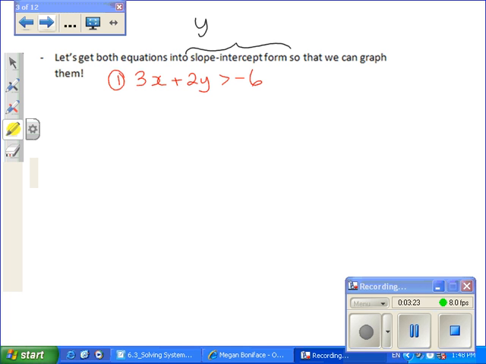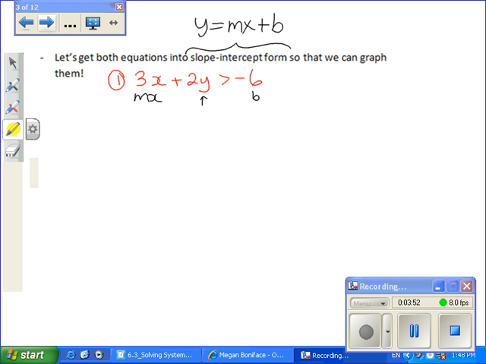When you do the boundary line, it will be y = mx + b, your slope times x plus your y-intercept, b. If you look at this linear inequality, I recognize that there's my b, -6, the number all by itself. There's my y, but right now it's being multiplied by 2. I'm going to have to deal with that. And there's my slope, my mx right there, 3x.